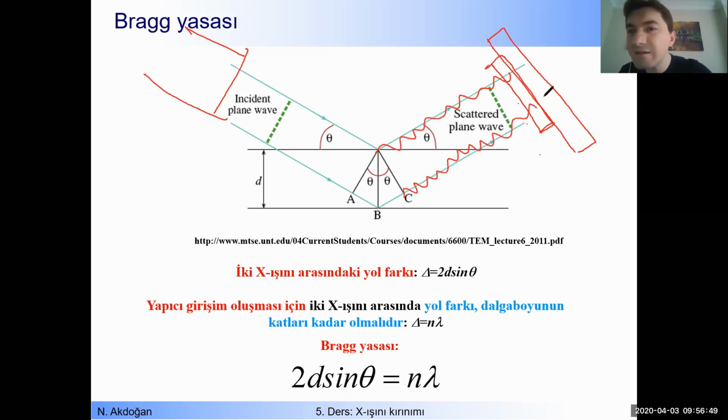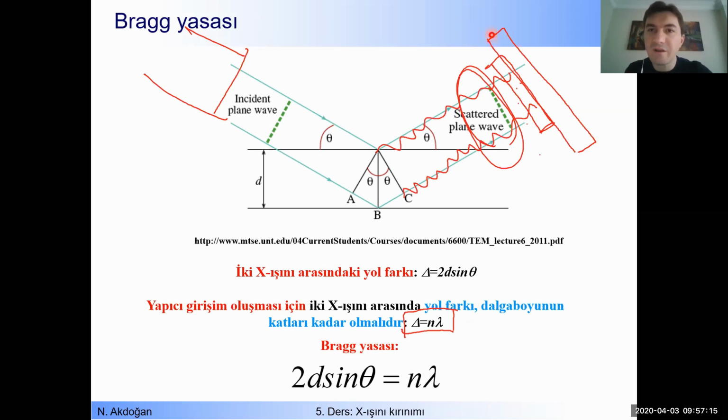Otherwise, you cannot see any signal within the detector. So in order to see a constructive interference of both X-rays within the detector, this path difference must be n times lambda. Do you have any question here?